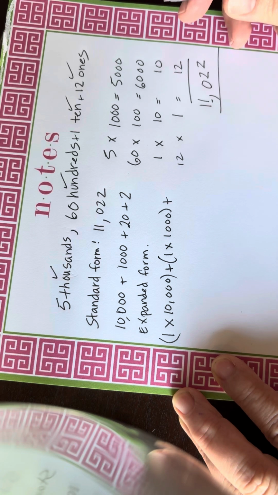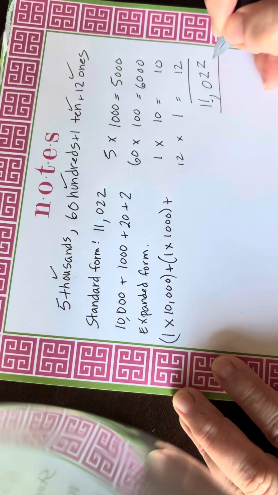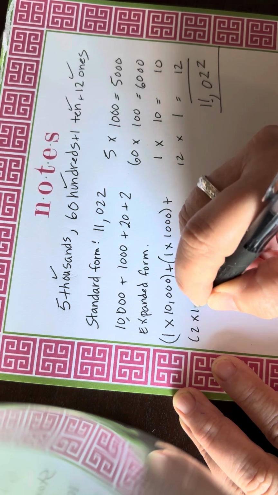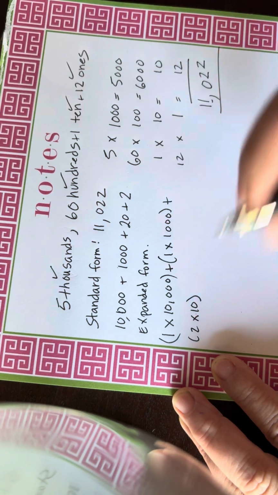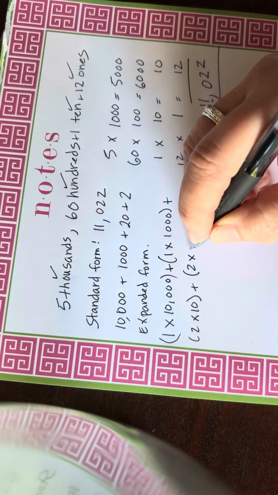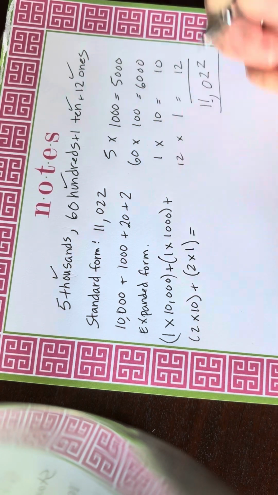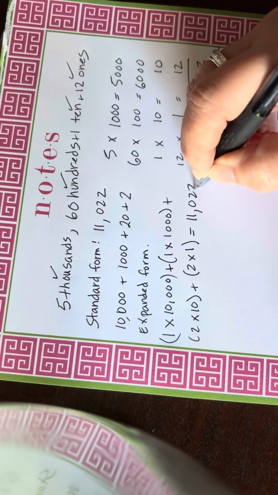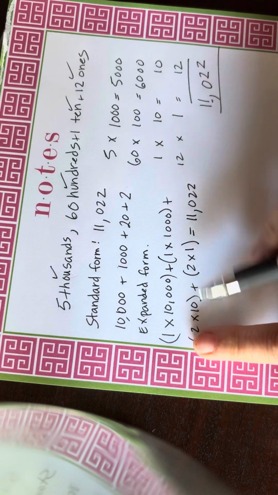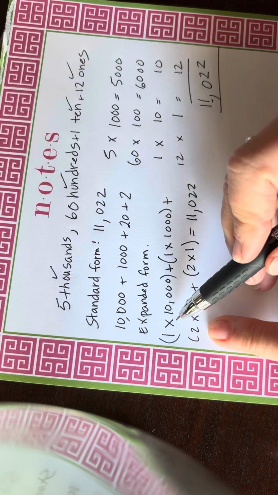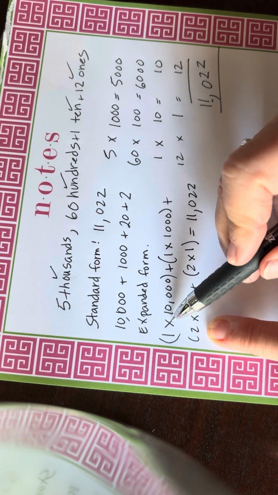Plus, I have 0 hundreds, but I have 2 groups of 10 plus 2 groups of 1. And that is going to equal 11,022.